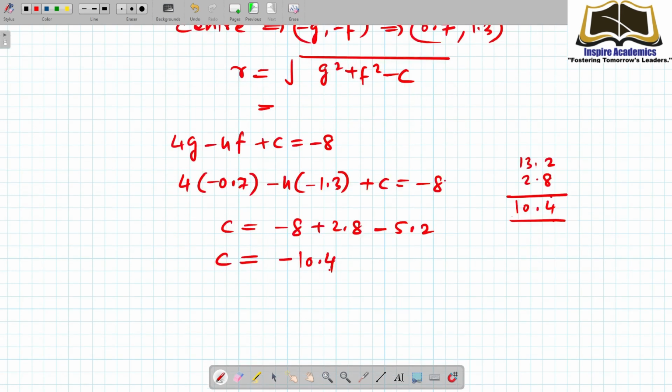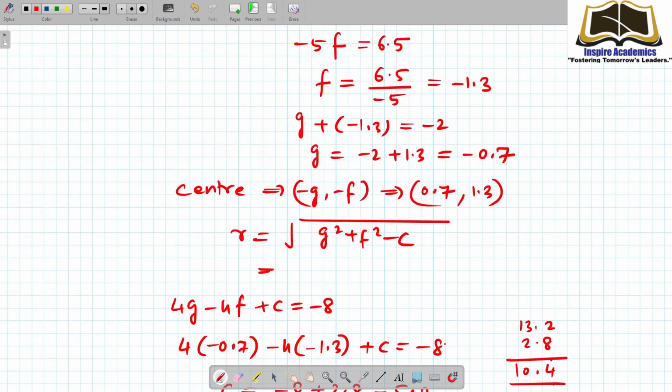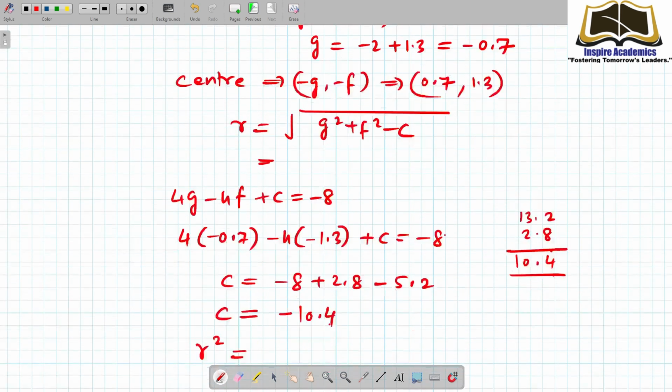So now let us see what our r is, or rather we can find r square as g square plus f square minus c. g was negative 0.7 and f was negative 1.3.